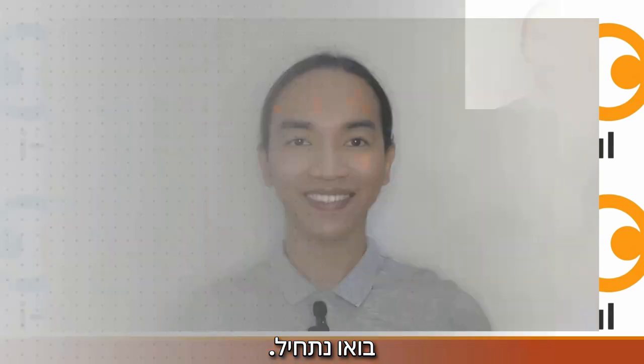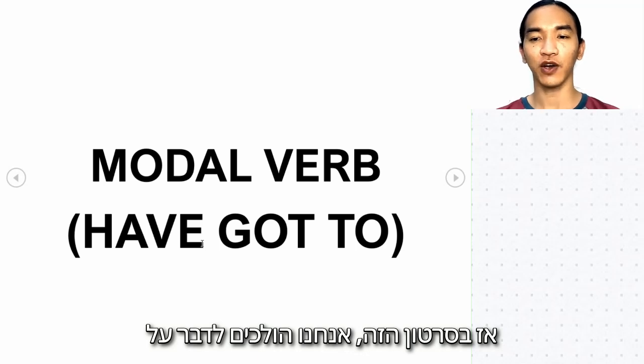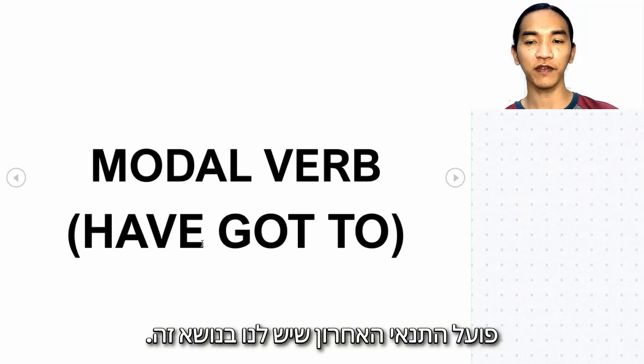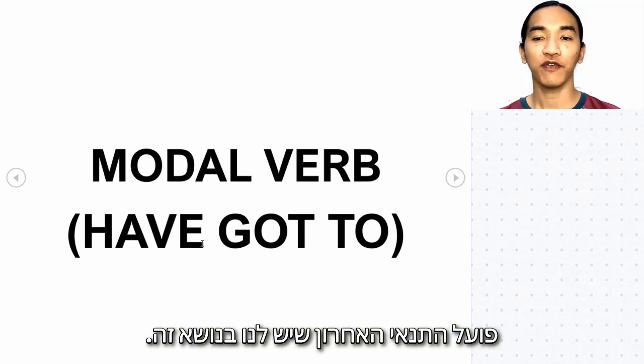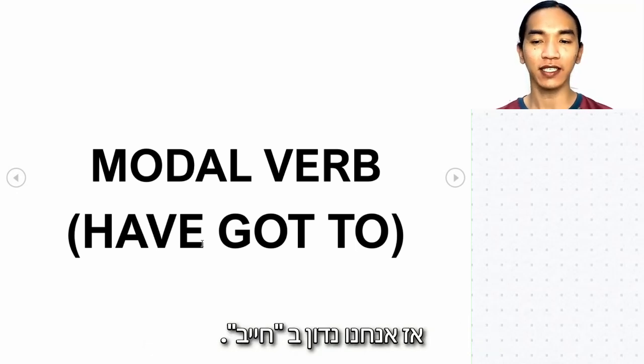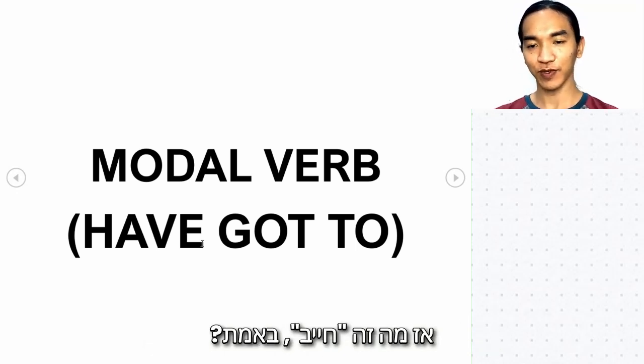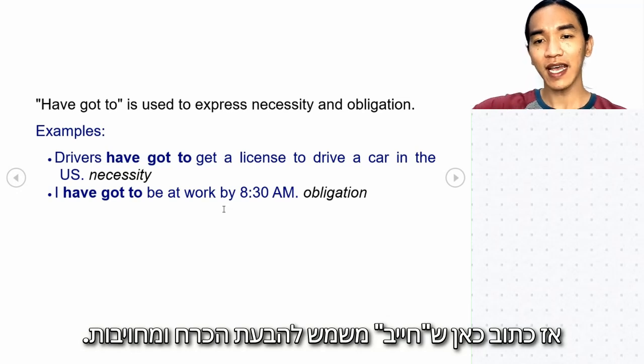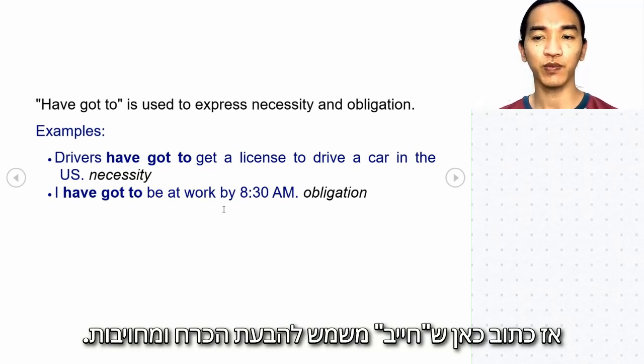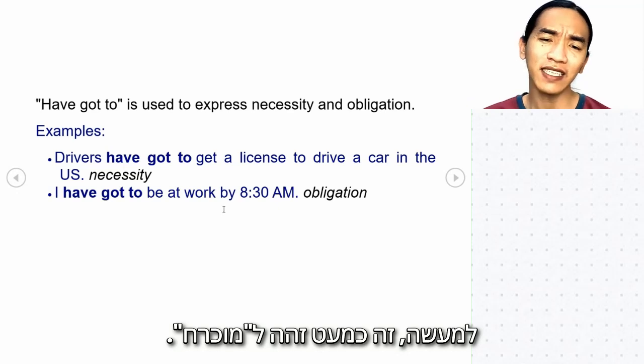Let's go. So, for this video, we are going to talk about the last modal verb that we have for this topic. Okay, so we will be discussing have got to. So, what is have got to really? It says here that have got to is used to express necessity and obligation. In fact, it is almost similar to have to.